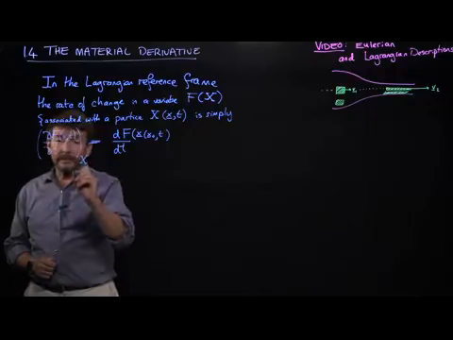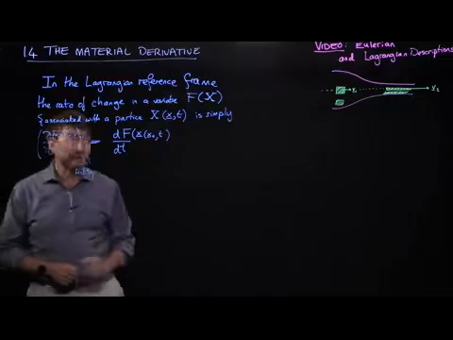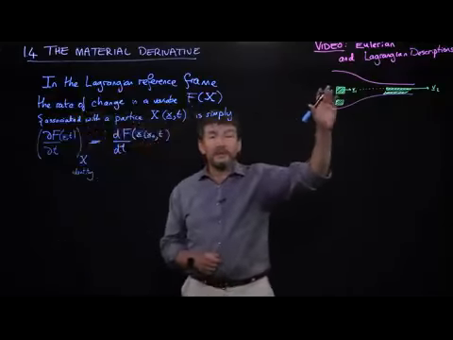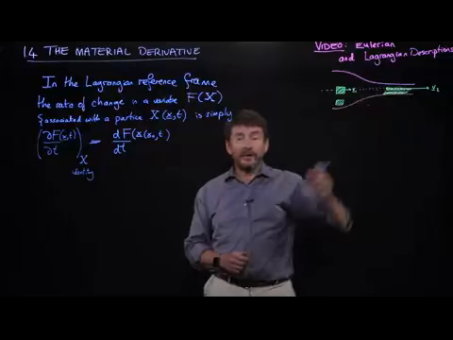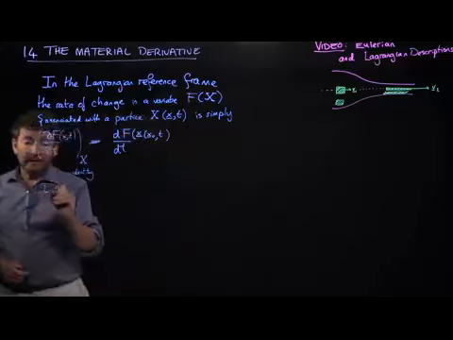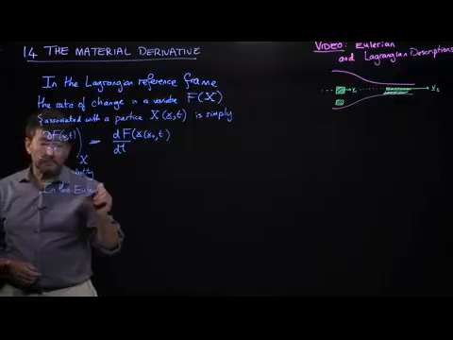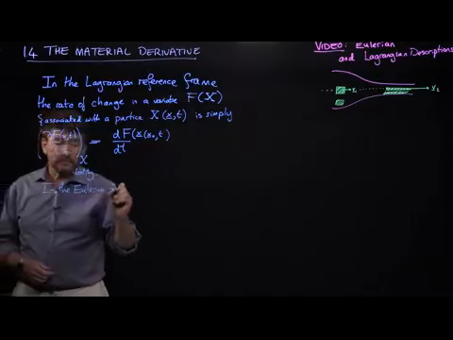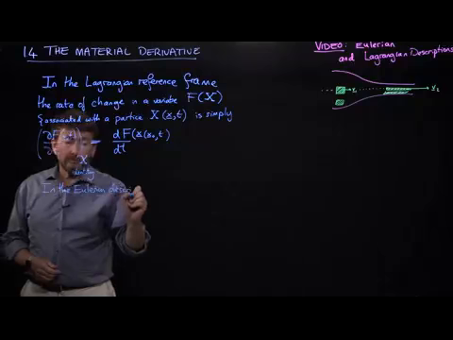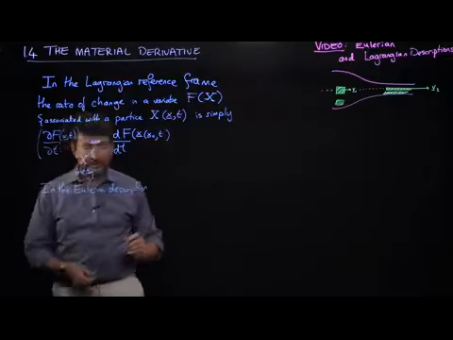So we're really thinking about following a material of constant identity. That might be, for example, this particle as it moves into the contraction plane. So that's easy, but in the Eulerian description, we don't really follow a material point directly.